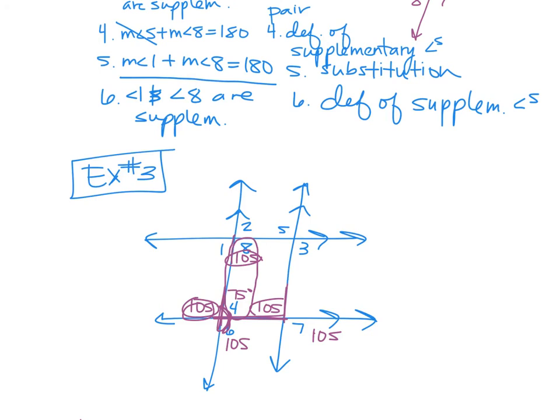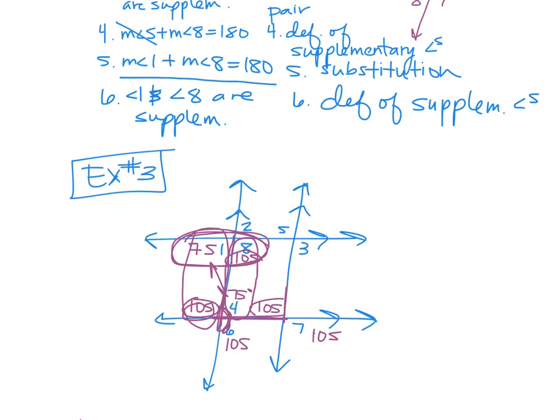So 105 plus 75 gives you 180. What's 1? 75. That one's 75. Again, you could say those are alternate interiors, these two, 4 and 1. Or you could say these two are same side interiors, or you could say these two are a linear pair. Okay? Are you seeing how there's a million ways to get there? Not literally. There's a lot of ways to get there.